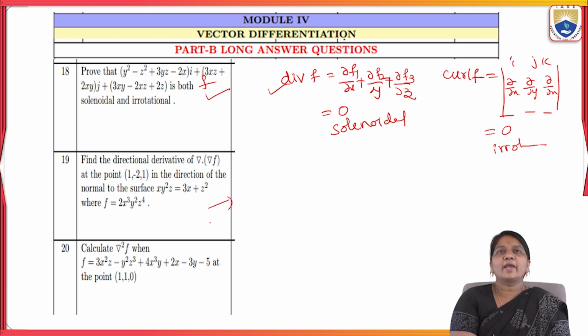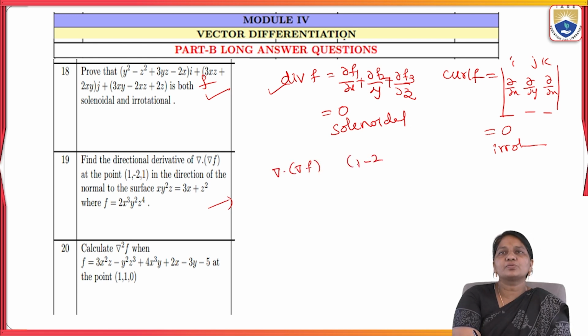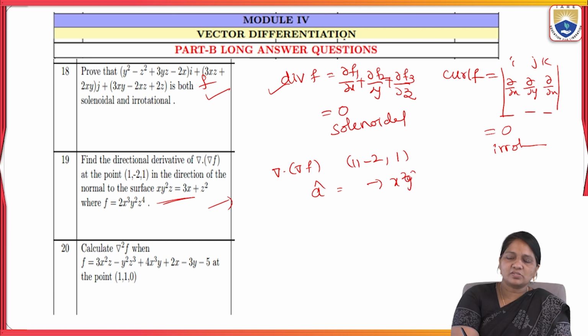And see this, find the directional derivative of del dot del f at the point 1 comma minus 2 comma 1 in the direction of the normal. So here we are going to get a cap from the normal, that is x y square z plus 3x equal to 3x plus z square.